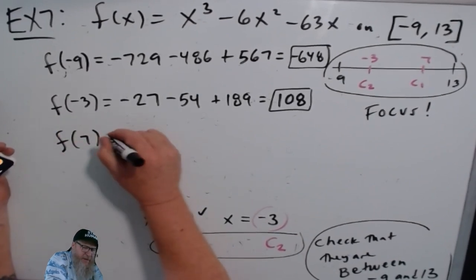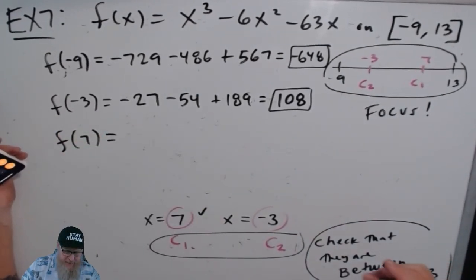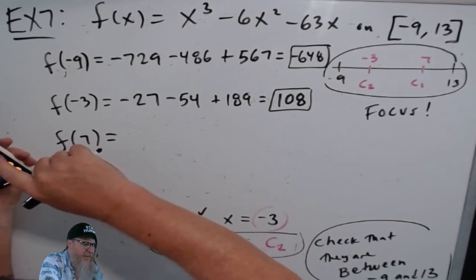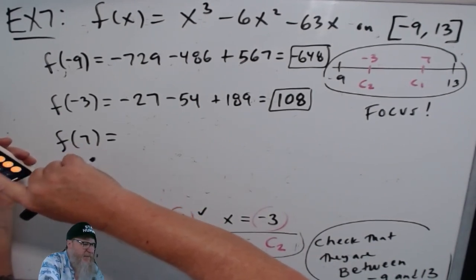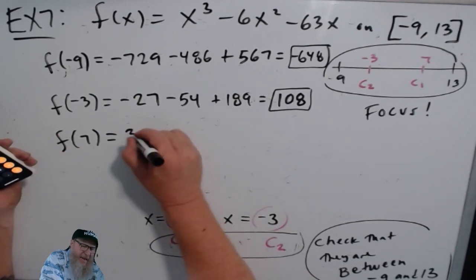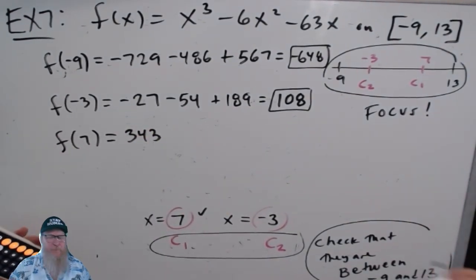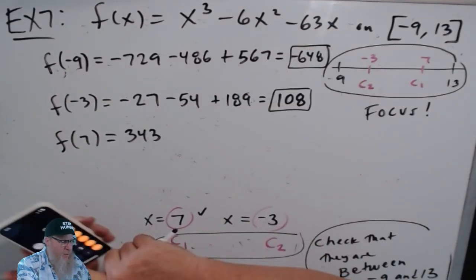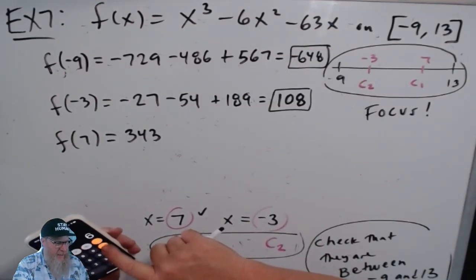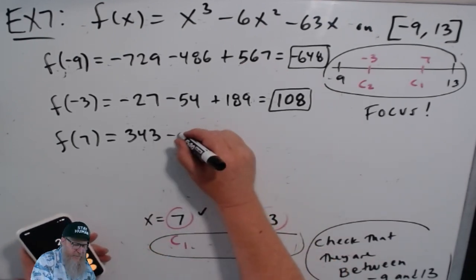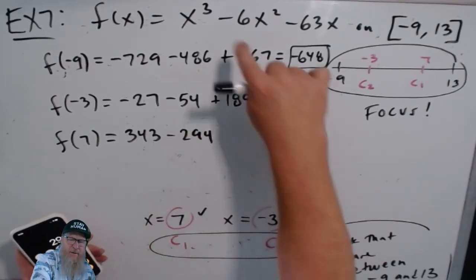Let's go to 7. F of 7, 7 cubed. Anybody ever memorize 7 cubed? 7 times 7 times 7. I feel like it happens enough that probably it's worth memorizing. 343. 7 squared is 49. 49 times 6 is negative 294.